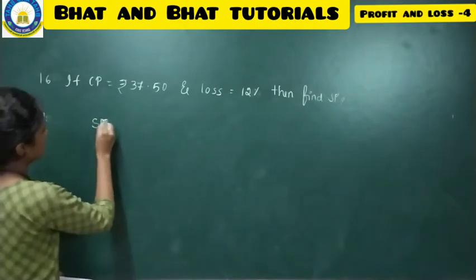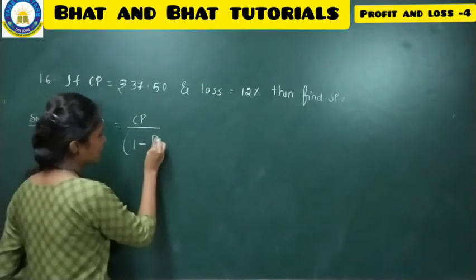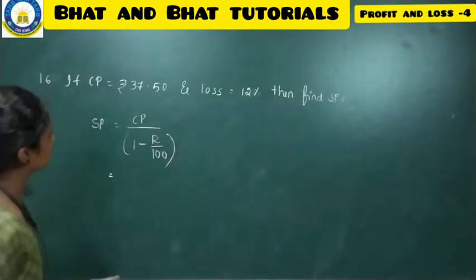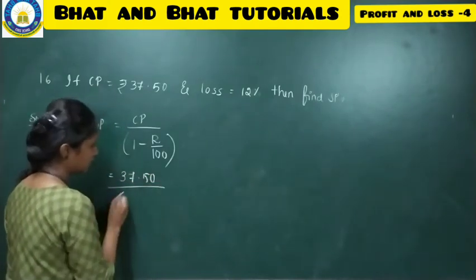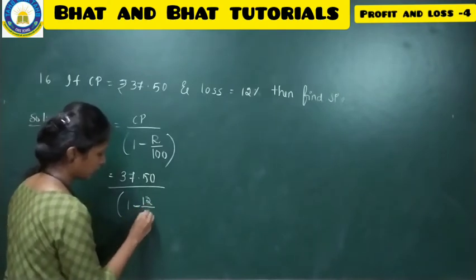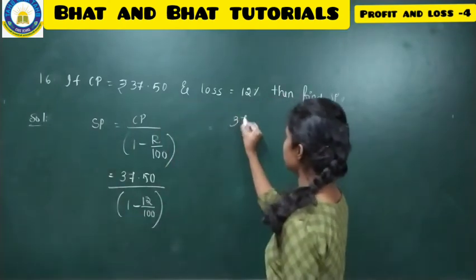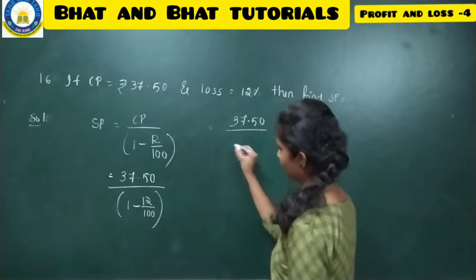SP is equal to CP divided by, since it is a loss, 1 minus R by 100. What is the CP here? 37.50 divided by 1 minus 12 by 100. If you take the LCM, it will be 100.